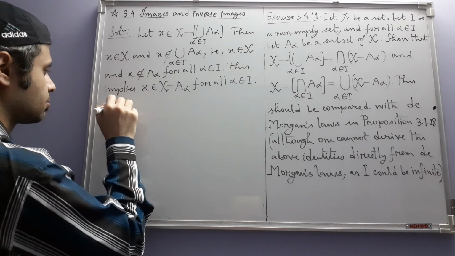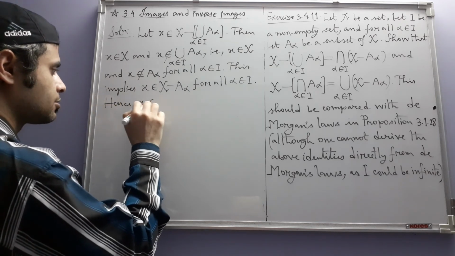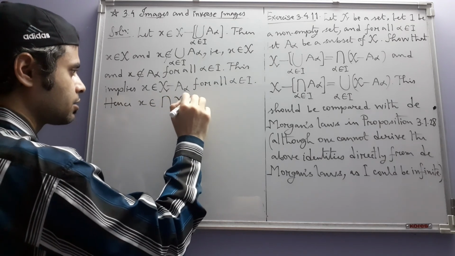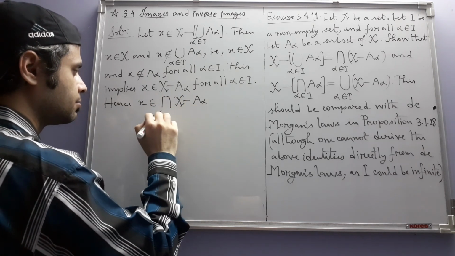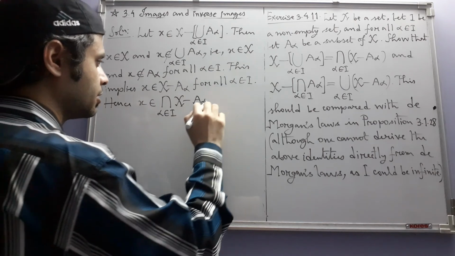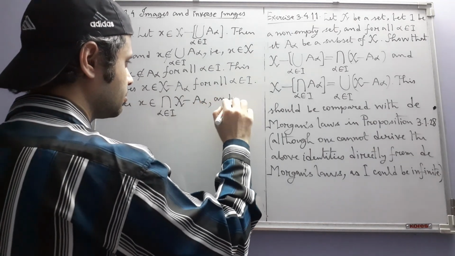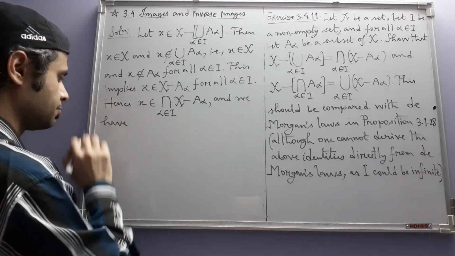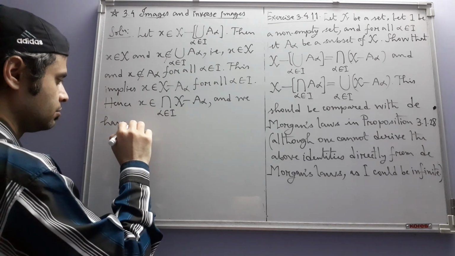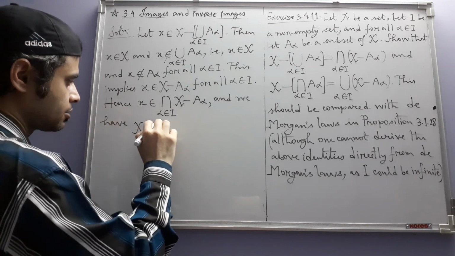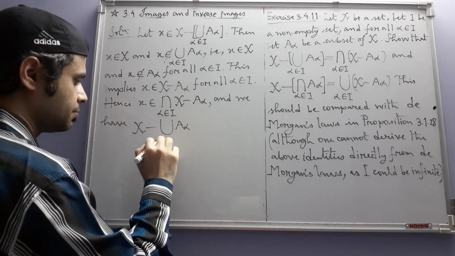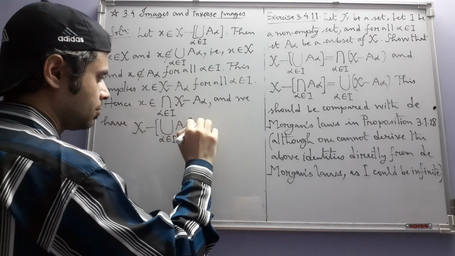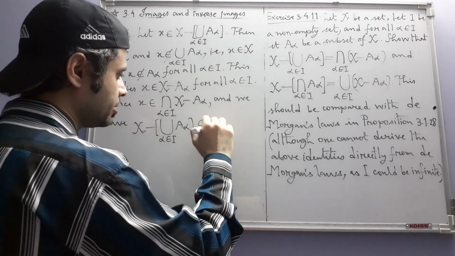Hence, x belongs to the intersection of X minus A alpha, alpha belonging to I, and we have X minus union is a subset of this intersection.